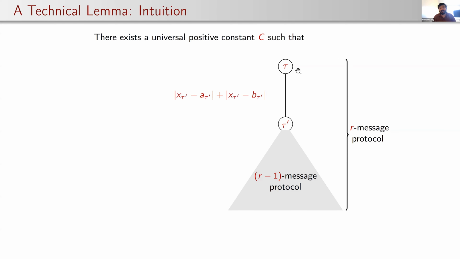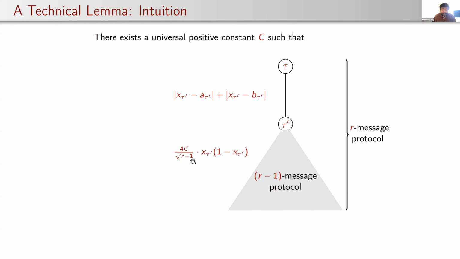As an adversary, I can decide to abort at the partial transcript tau prime. At this point, the quality of my attack is measured by this potential function. If I choose to defer my attack to a future point in time, to this subtree, then it will be measured by this quantity.